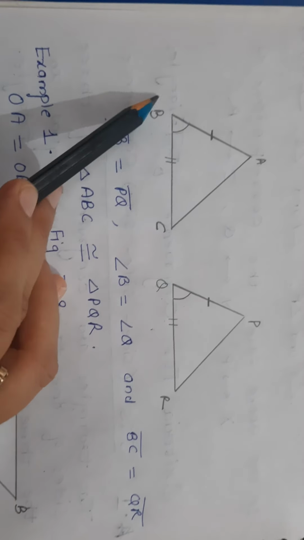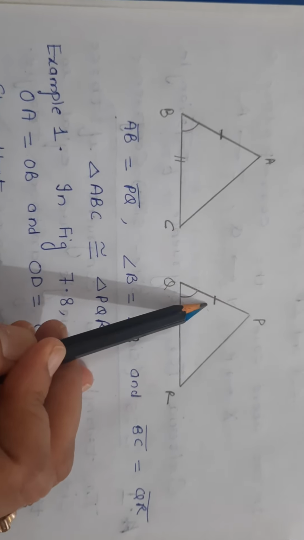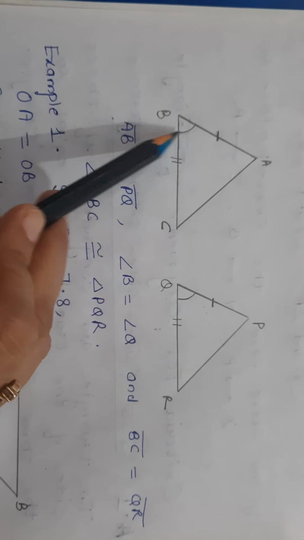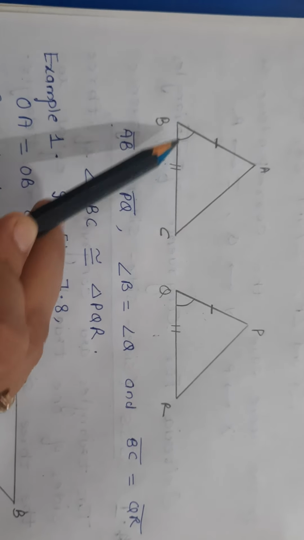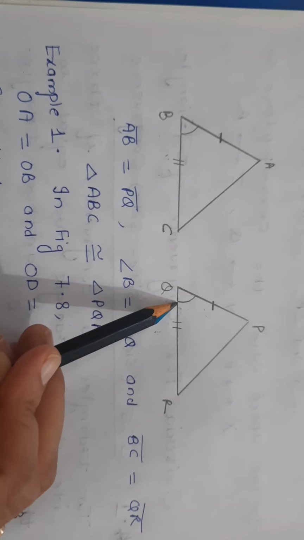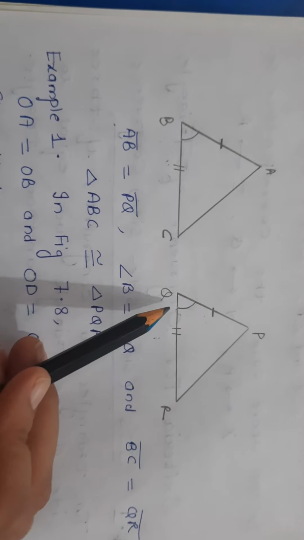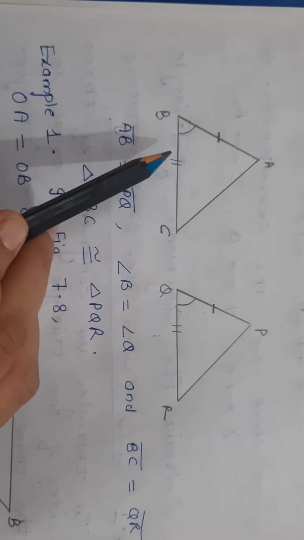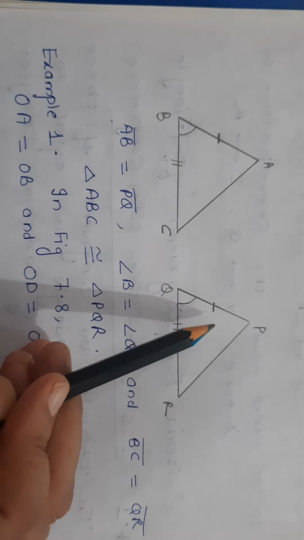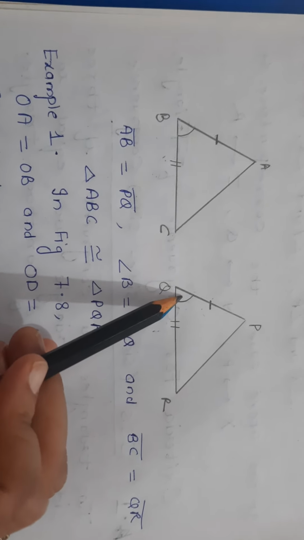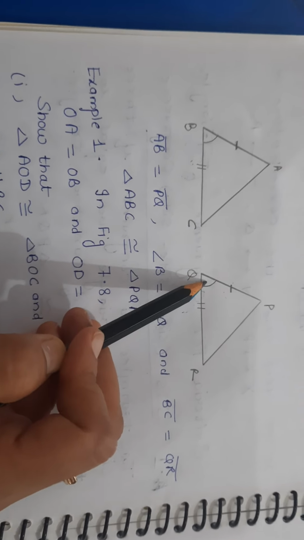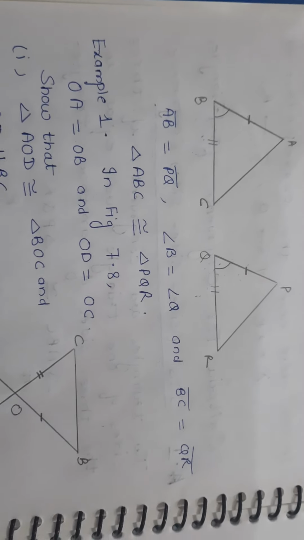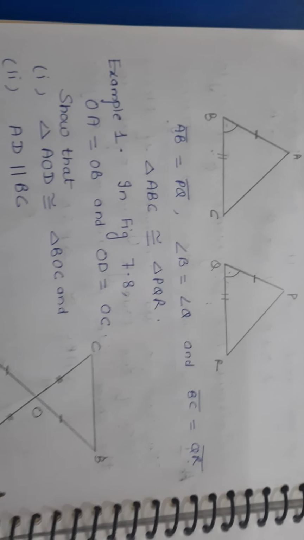So we have two sides, AB and BC, and the included angle B equal to the corresponding angle Q of the other triangle. So these two triangles are equal, triangle ABC is congruent to triangle PQR.